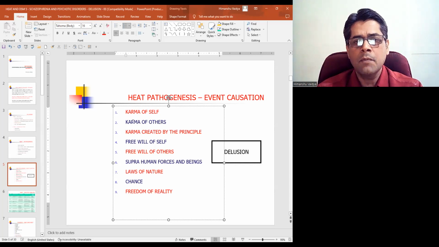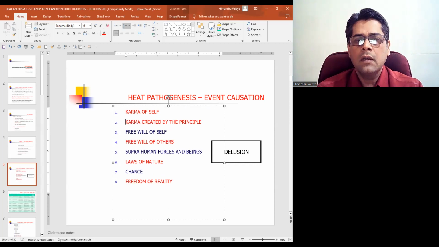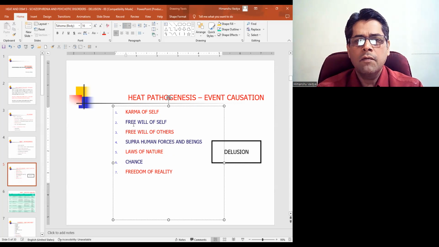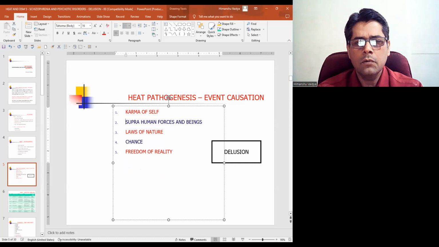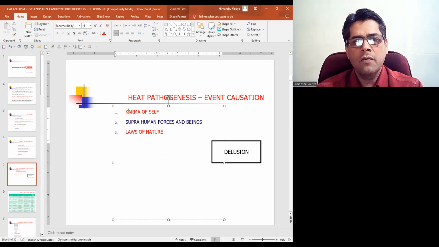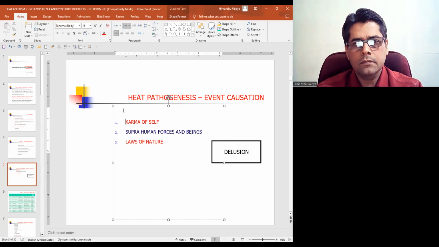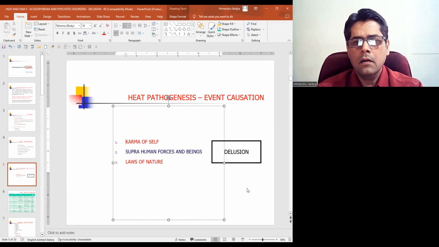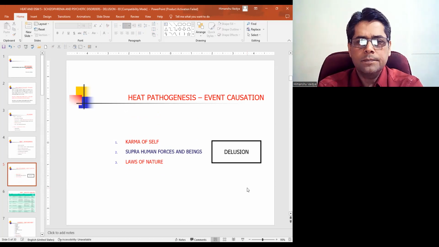Karma of the self, yes. Karma of others, no. Karma created by the principle, no. Free will of the self, free will of others, no. Chance, no. Freedom of reality. So we are left with three elements from the general event causality model which can lead to delusion.